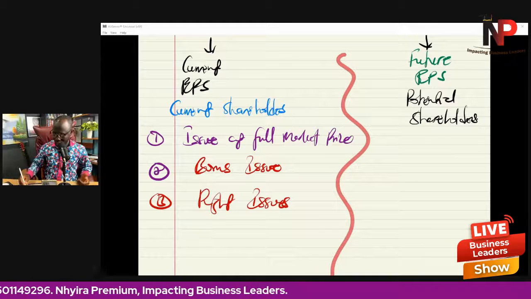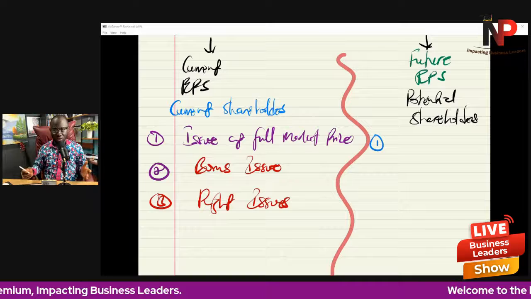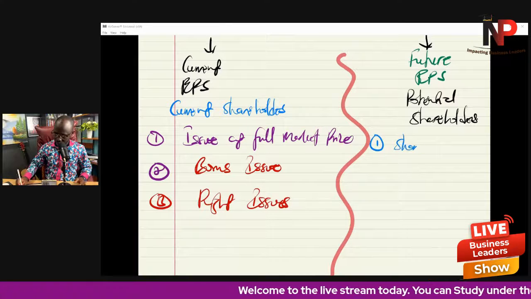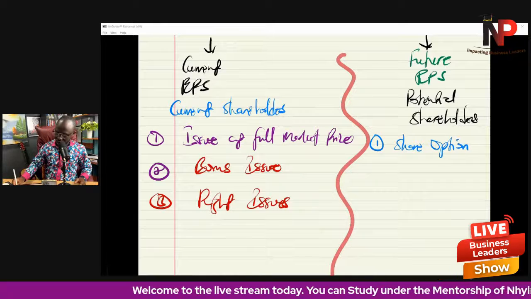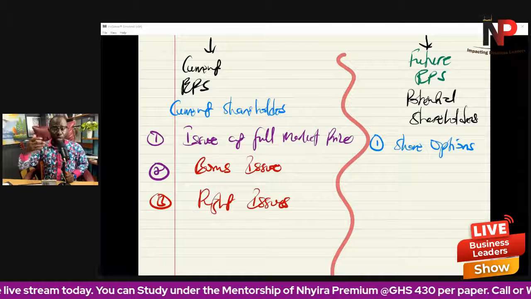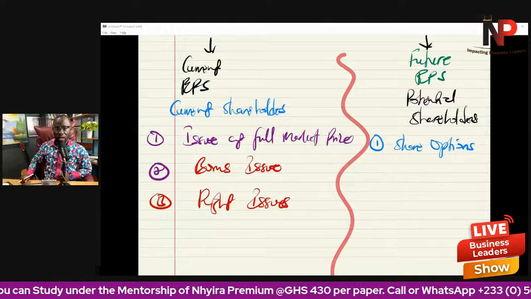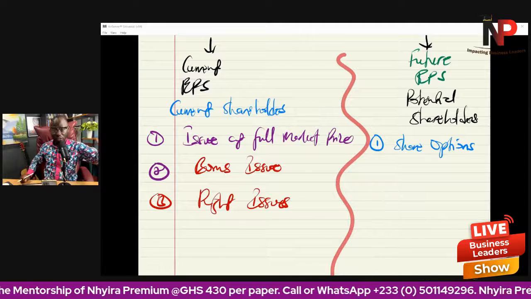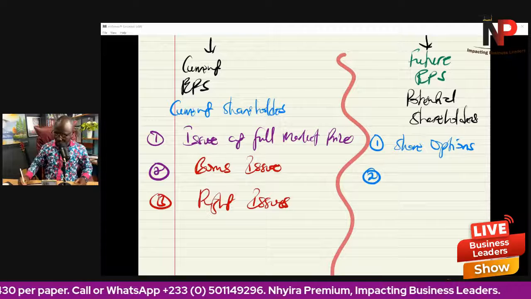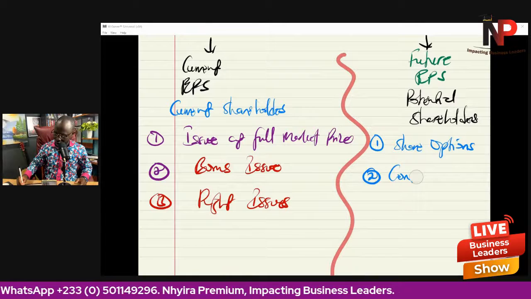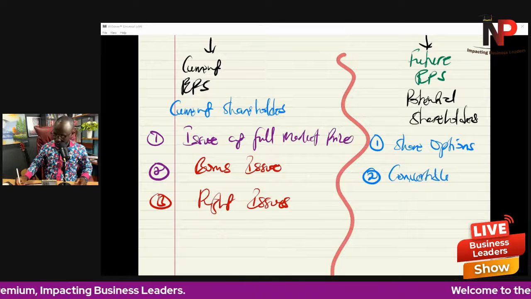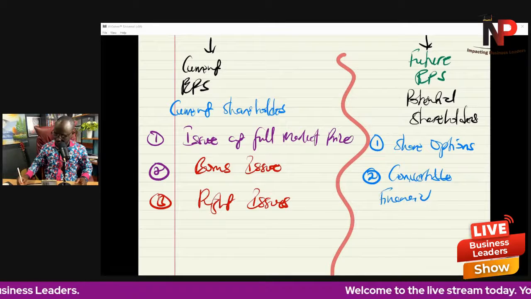Now, in diluted earnings per share, there are also two scenarios. The first is when an entity gives share options. The share options could be given to employees of the company. It could be given to customers or suppliers of the company. So share options, we're going to get into that, don't worry. And then the second thing is where the entity issues any convertible loan notes, or what we call convertible financial instruments.